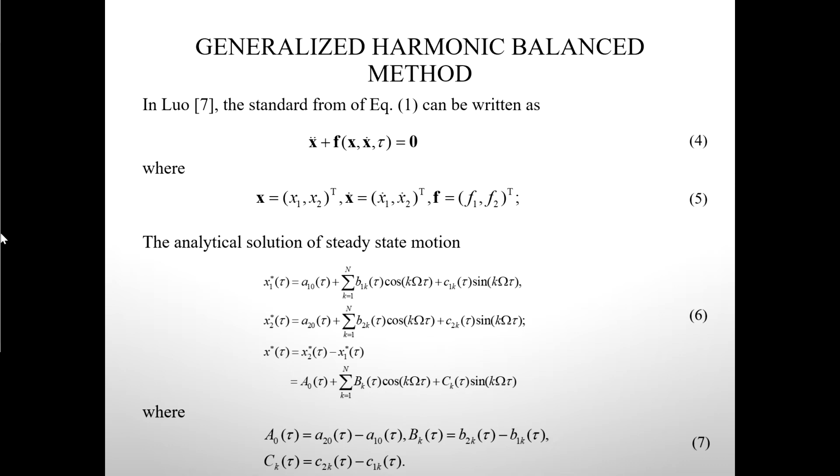The analytical solution of the periodic motion for the above equation can be represented by using the finite Fourier series, where x1 is the displacement of m1, and x2 is the displacement of m2. A naught of tau equals a2 naught of tau minus a1 naught of tau, bk of tau equals b2k of tau minus b1k of tau, and ck of tau equals c2k of tau minus c1k of tau.